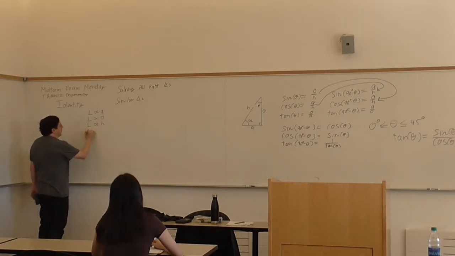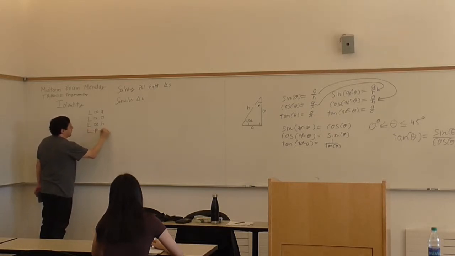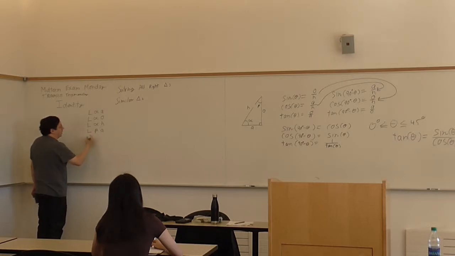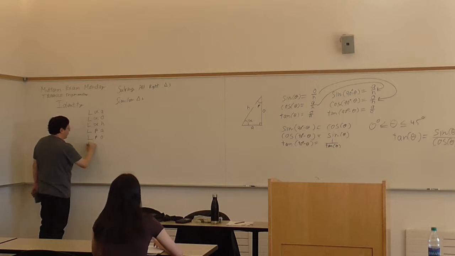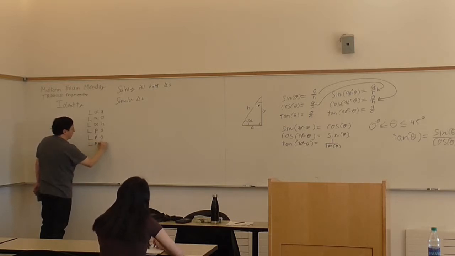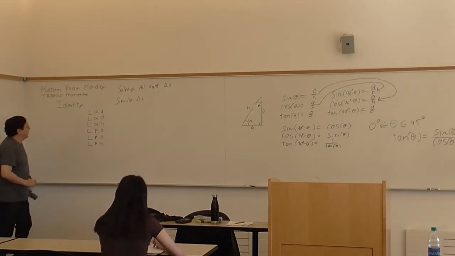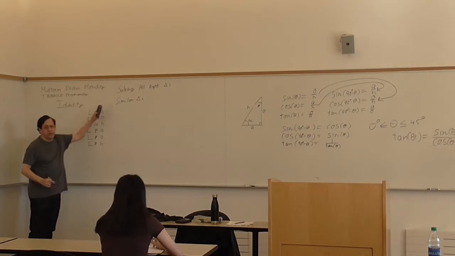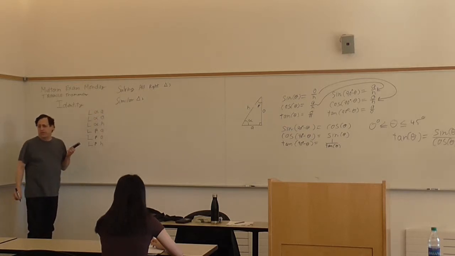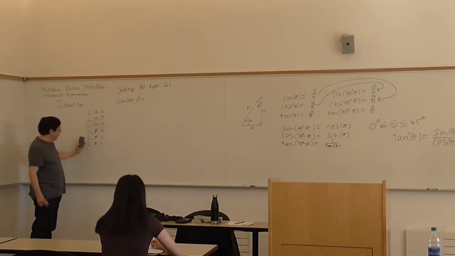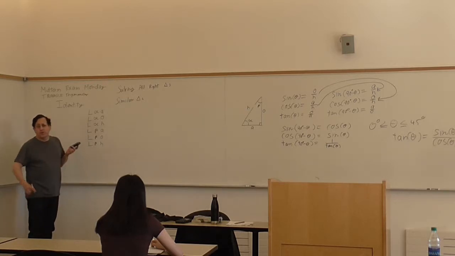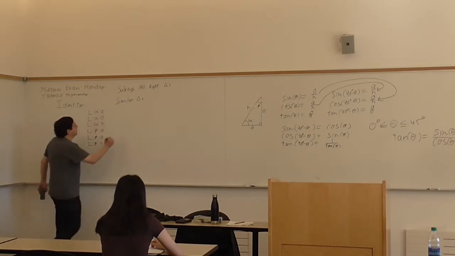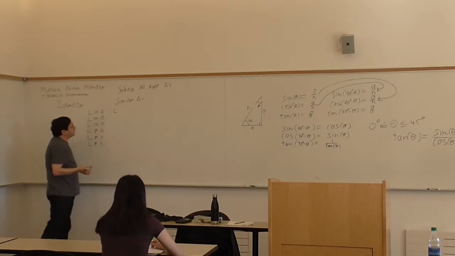Okay, let's keep going. I might know alpha, beta, and the adjacent side, alpha, beta, and the opposite, or alpha, beta, and the hypotenuse. That covers one angle and one side. You already saw that two angles on top of the right angle is not adequate. So there's only one other possibility, which is that I know the right angle and two sides.